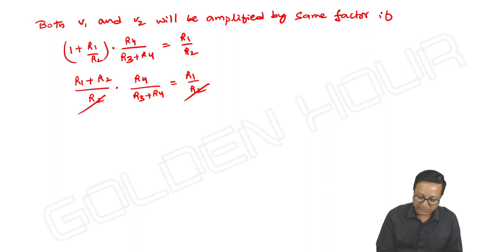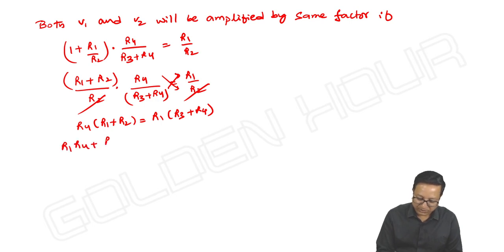These two will be cancelled. So now by cross multiplying, I can write R4 into R1 plus R2 is equal to R1 into R3 plus R4. That is R1 R4 plus R2 R4 is equal to R1 R3 plus R1 R4. R1 R4 is cancelled on both sides.